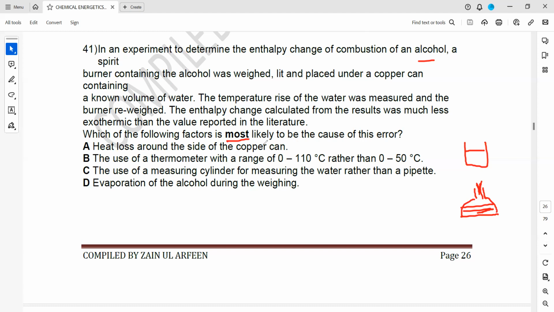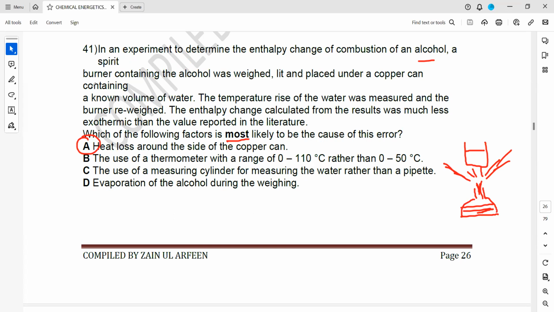Heat loss around the side of the copper can, that's true, because not all of the heat is transferred to the can, some of the heat is lost to the surroundings. So maybe burning this might produce, say, 100 joules, but not all 100 joules will be given out. So heat loss to the surroundings is a likely reason that we'll have a smaller enthalpy change than the value quoted in the literature.